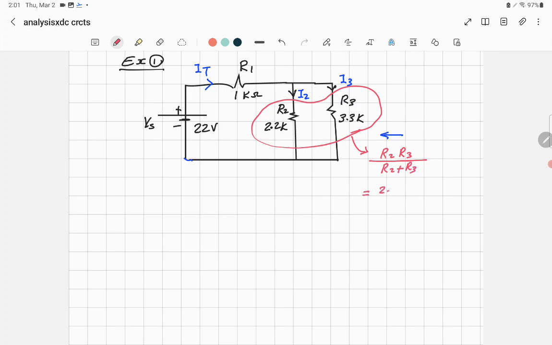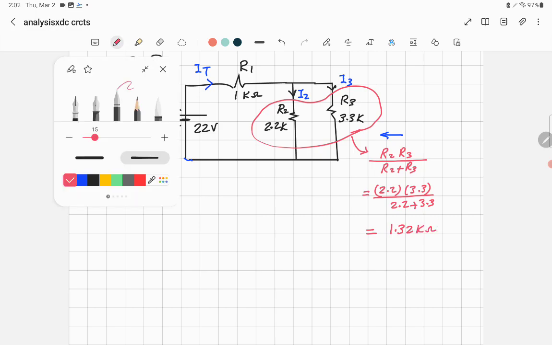So you have 2.2 times 3.3 divided by the sum 2.2 plus 3.3. Doing that in the calculator, it will be equal to 1.32 kilo ohm. So now we can replace the circuit.